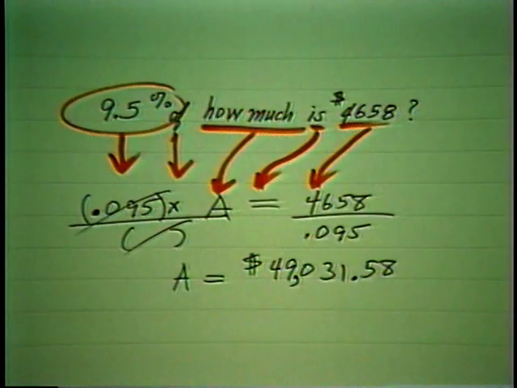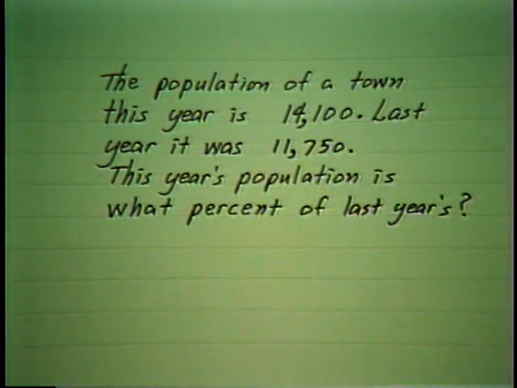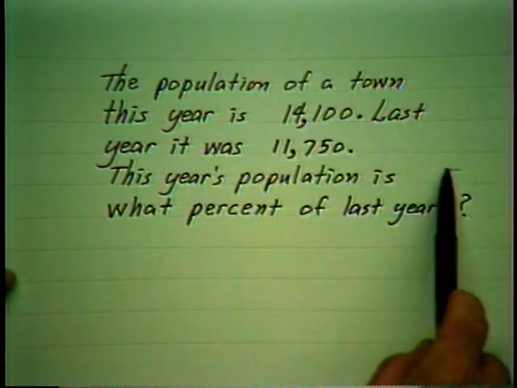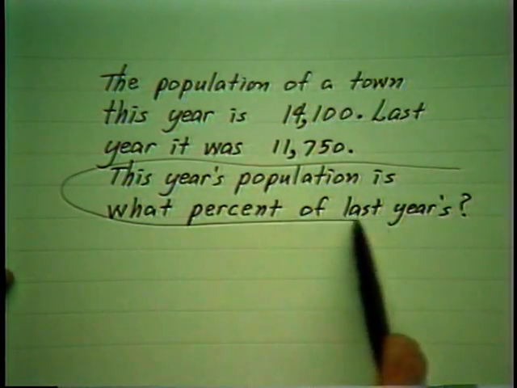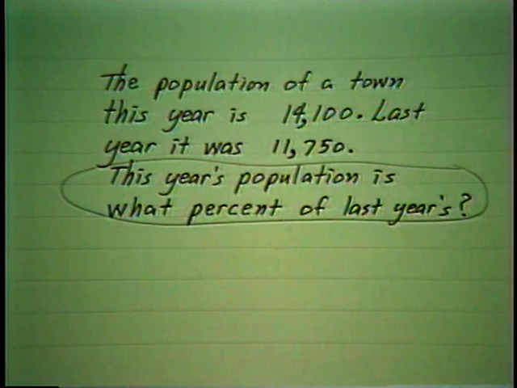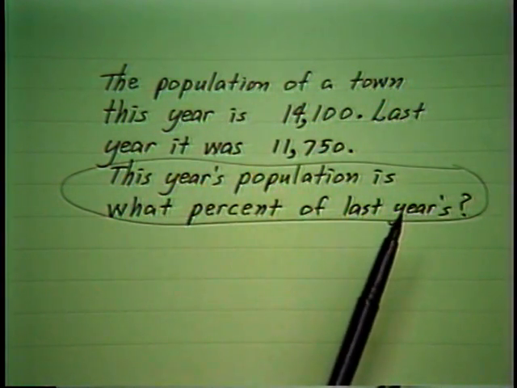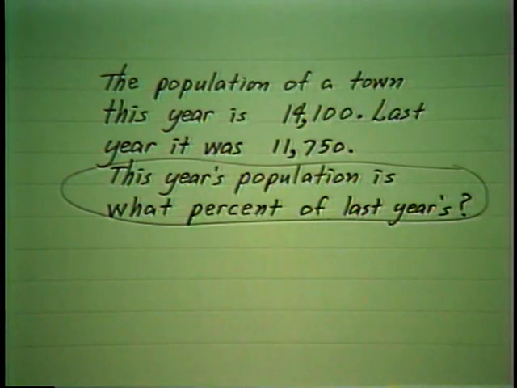Let's try another one. The population of a town this year is 14,100. Last year it was 11,750. This year's population is what percent of last year's? In this problem, many times they do that. They do restate your problem in one simple sentence, but they use words where they could have used numbers. Watch this now.